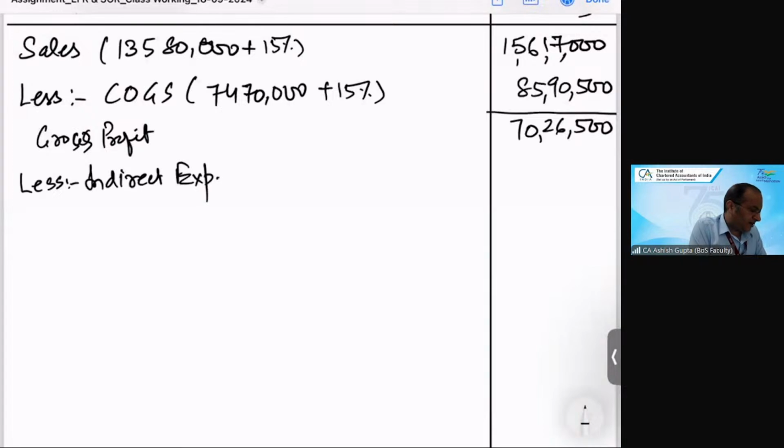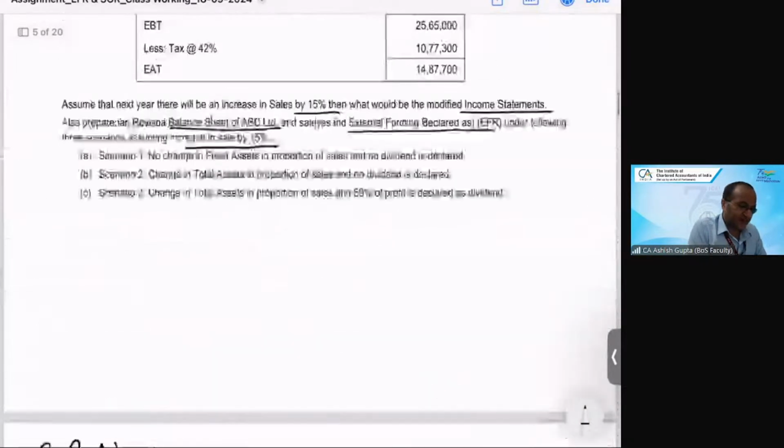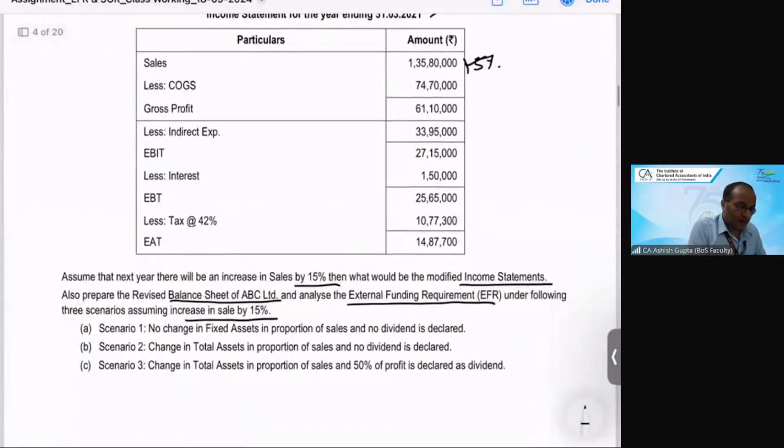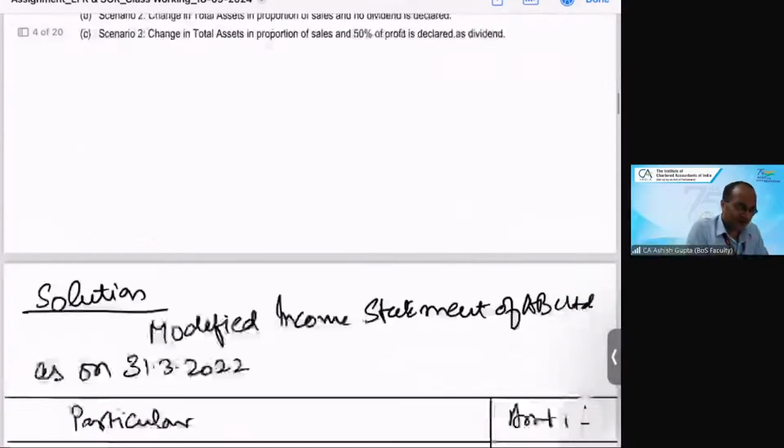Now my indirect expenses have already been given to me. So I will assume that these will also increase on the same percentage basis.